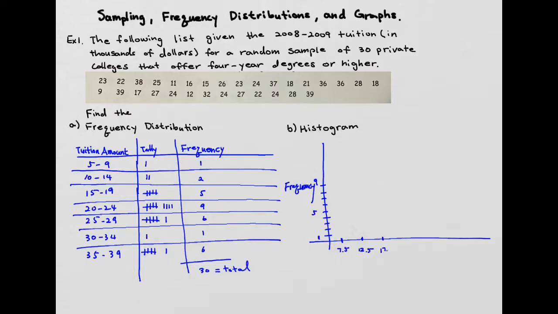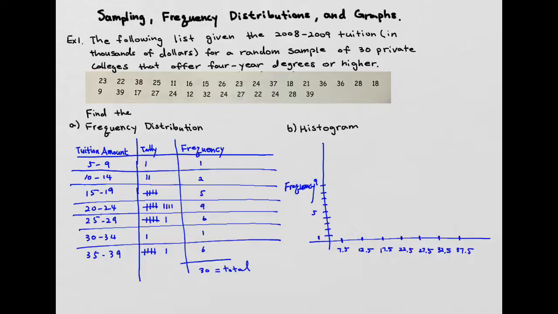And then 17.5, 22.5, 27.5, 32.5, and 37.5.